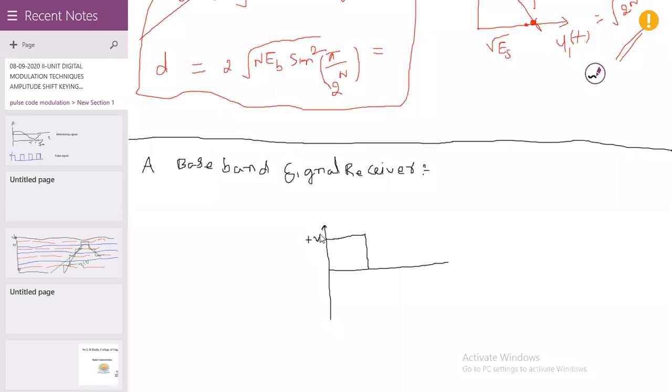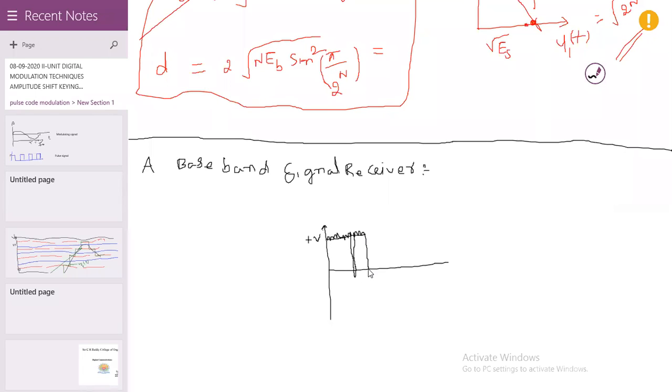The signal travels long distances, and during the transmission noise is added to it. We can consider the noise to be Gaussian noise. The noise is added to this signal like this, for some short duration, and again the noise is along with the signal.